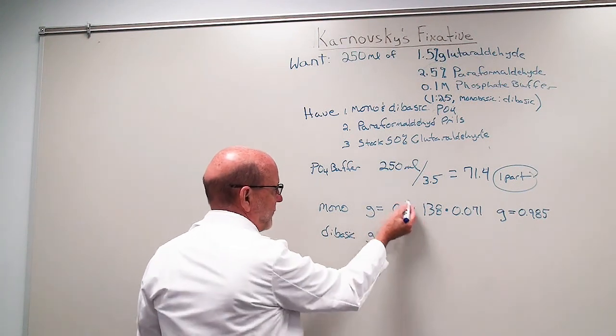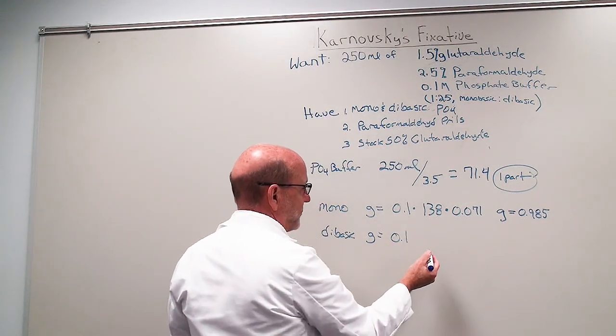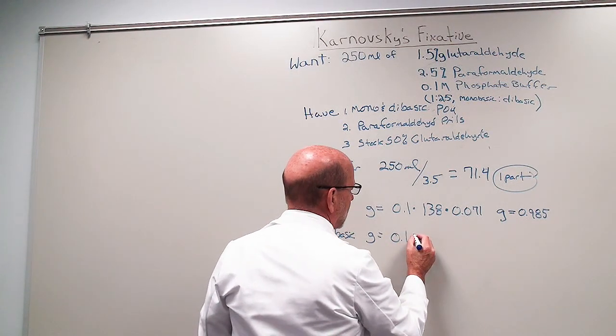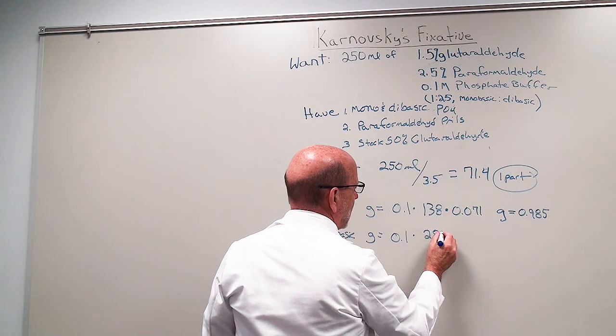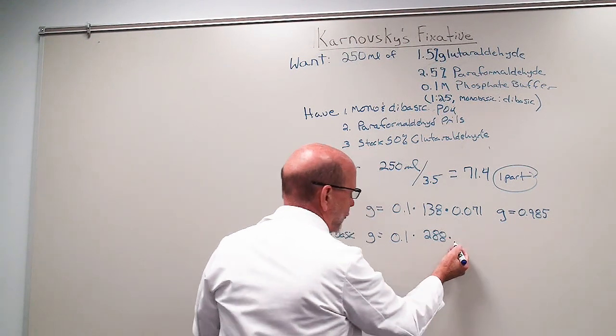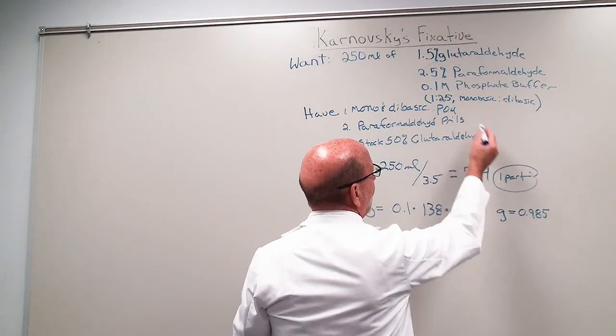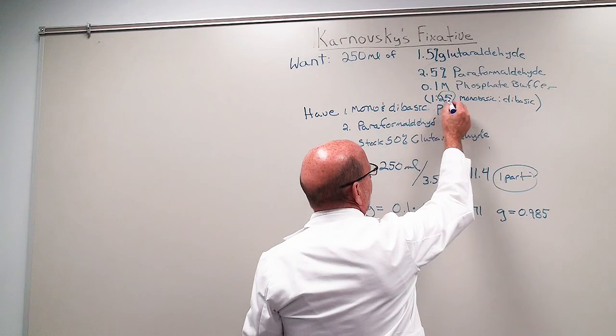For our dibasic, the grams equal our same molarity, 0.1, times the gram formula mass, and the gram formula mass for the dibasic is 288. Be sure to add in the hydrations when you calculate that if it's not written on the bottle. Now we had the 1 part, but now we want 2.5 of that.